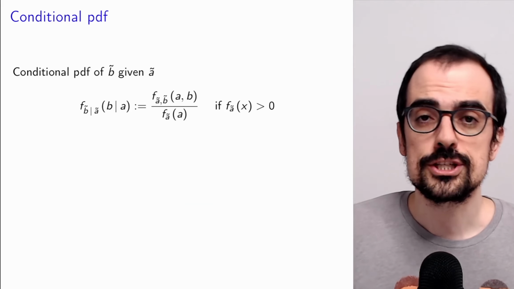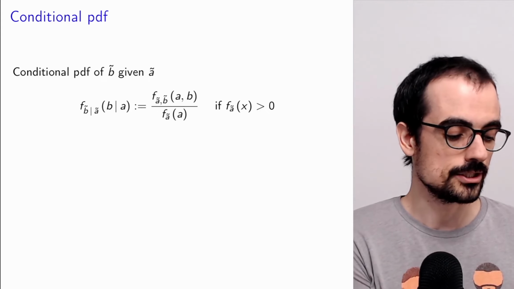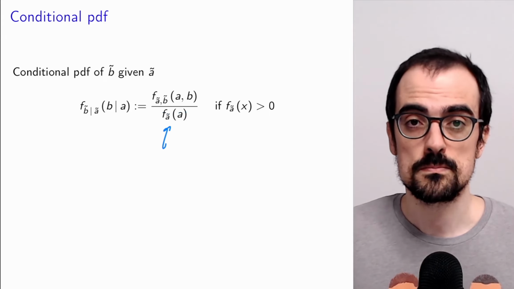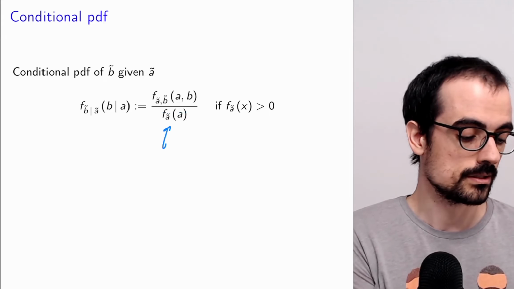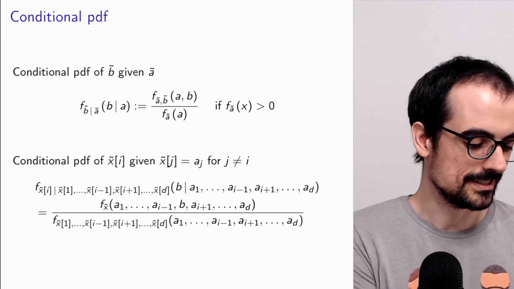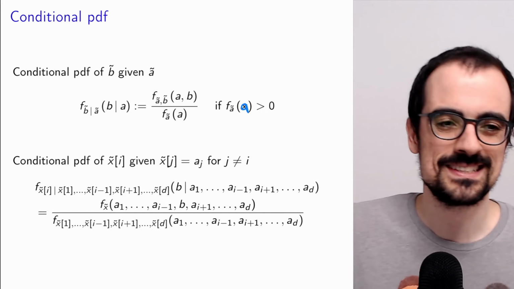So in general, the conditional PDF of a random variable B given a random variable A is obtained by taking the joint PDF and dividing by the marginal PDF at the value on which we're conditioning. Here, this obviously should be an A. Sorry about that typo.